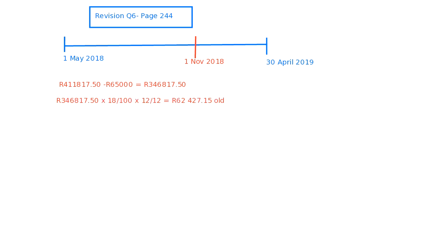The new one was bought for 65,000. Multiply by how many percent? Obviously, it's 18%. 18 over 100. And how many months? November to 30th of April. November, December, January, February, March, April. You said how many months? Definitely, you said 6 months. Times 6 divided by 12.